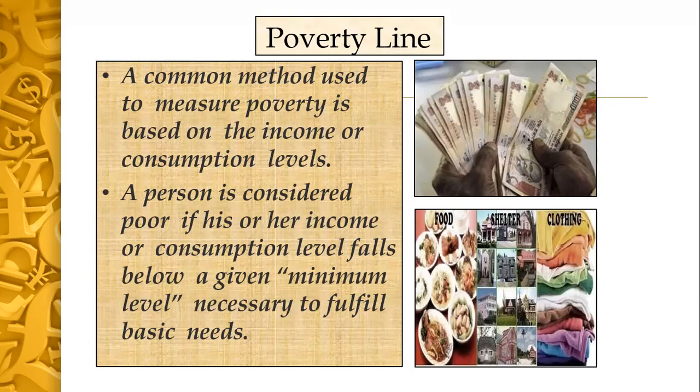So basically, poverty line is a line which indicates the level of purchasing power required to satisfy the minimum need of a person. It represents the capacity to satisfy the minimum level of human needs. The purchasing power can be expressed in the form of average monthly expenditure of a person.